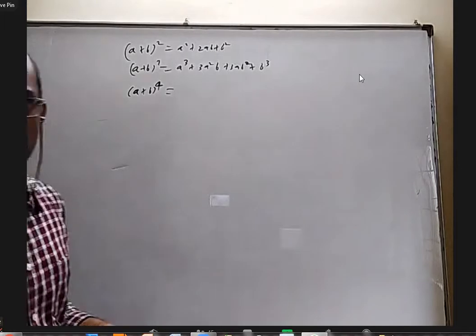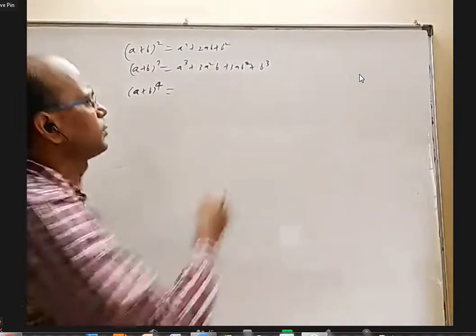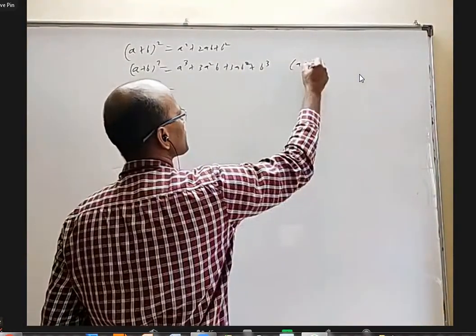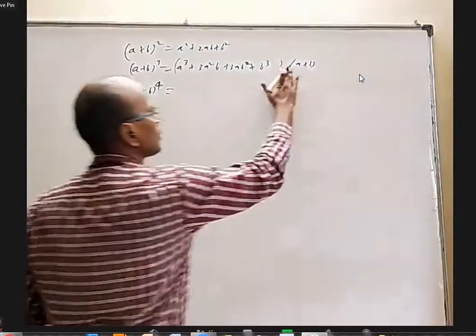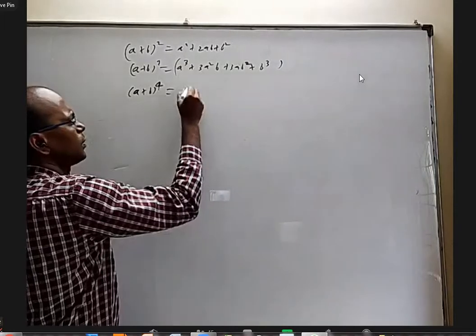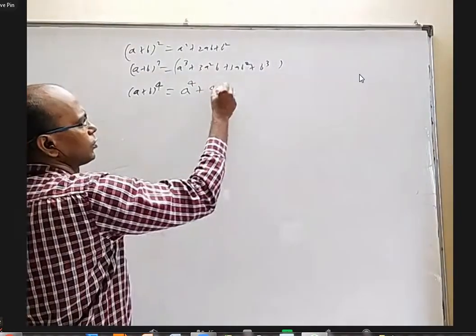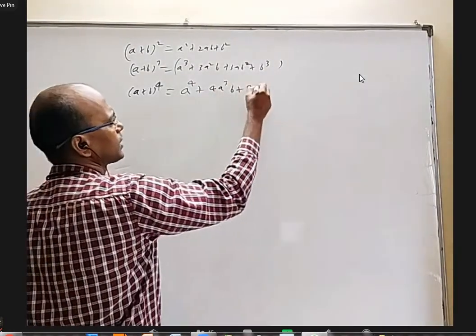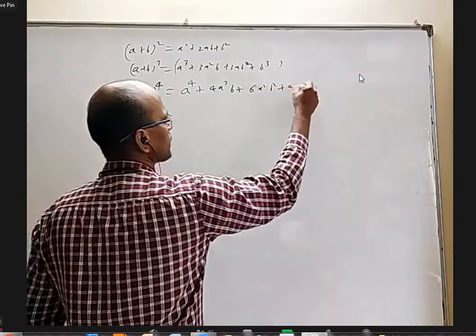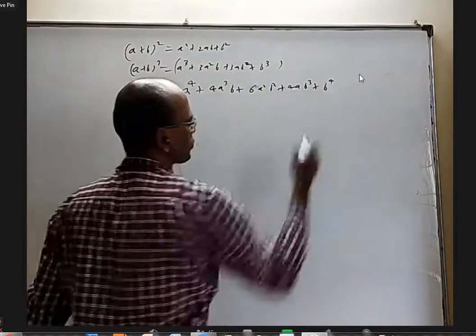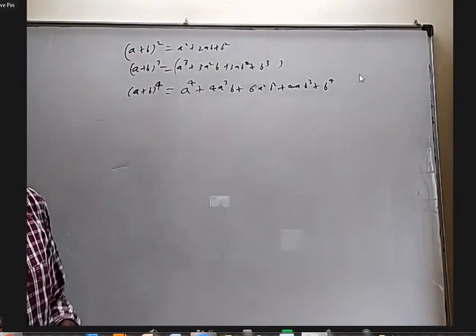This is not a usual formula that we use, but you can multiply this with (a plus b), and you can find what will come. What is going to come is a power 4 plus 4a cube b plus 6a square b square plus 4ab cube plus b power 4. When you really multiply, it will come.